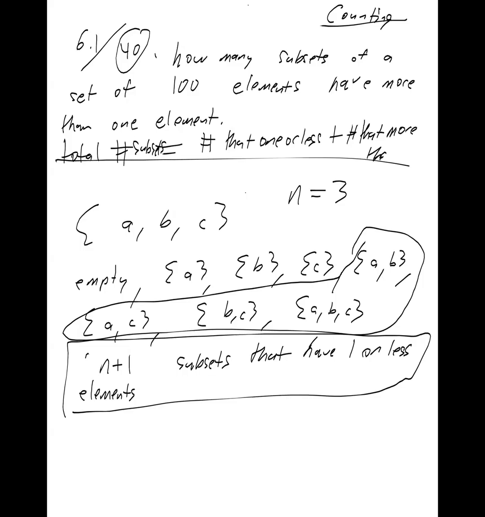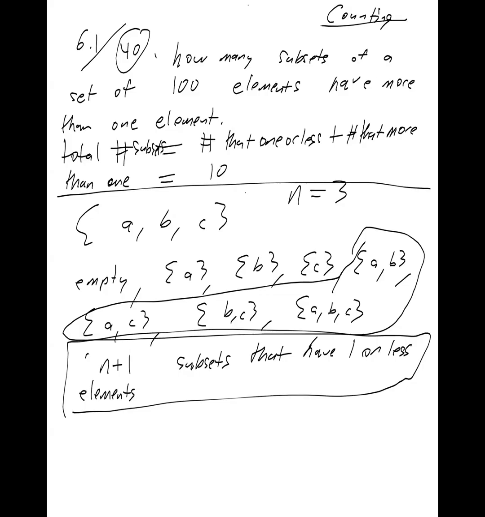Hold on, that has more than 1. Now we already know how many subsets have 1 or fewer elements in them, which is what? 101. But we don't know how many have more than 1 element in them, so that's X.